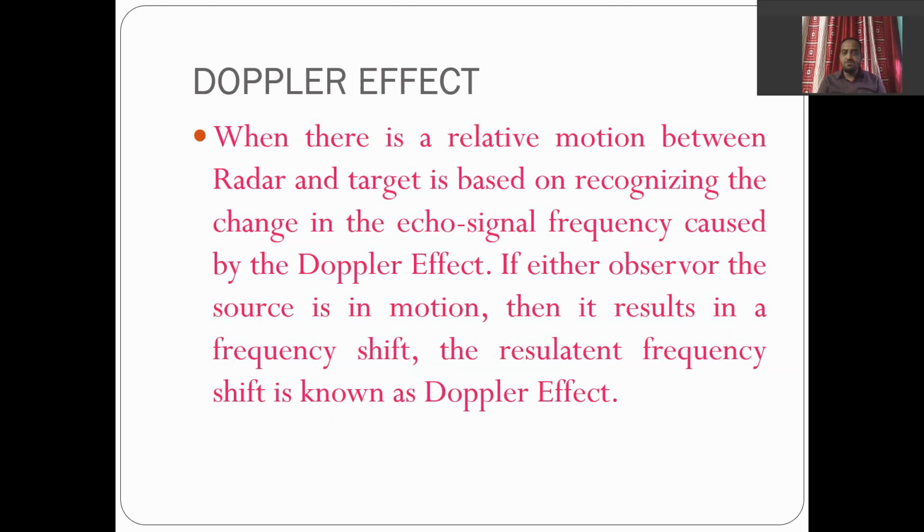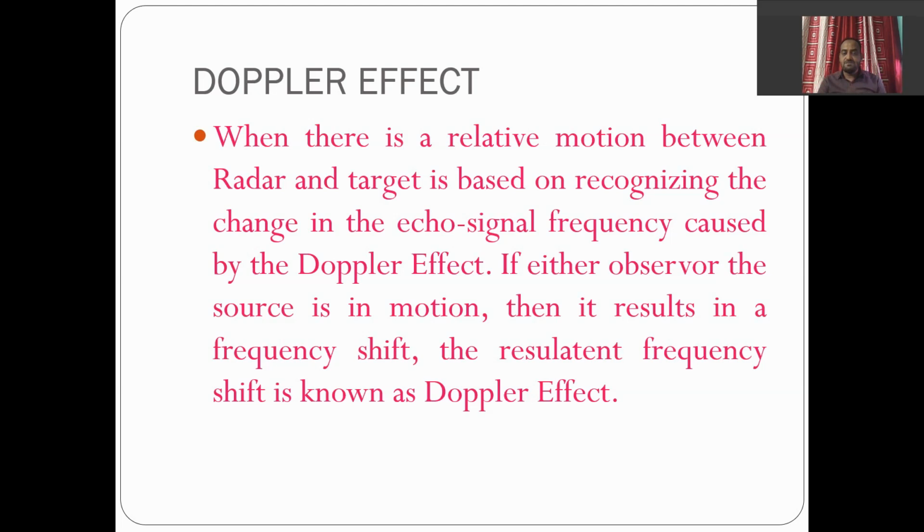When there is a relative motion between the radar and the target, it is based on recognizing the target change in the echo signal frequency caused by the Doppler effect. If either the observer or the source is in motion, then it results in a frequency shift.